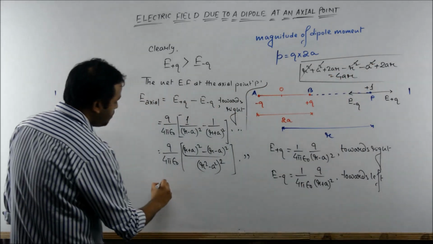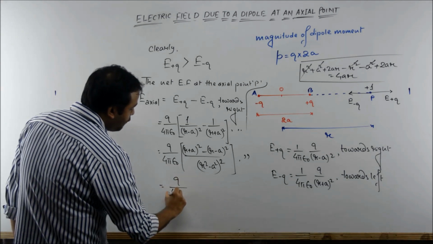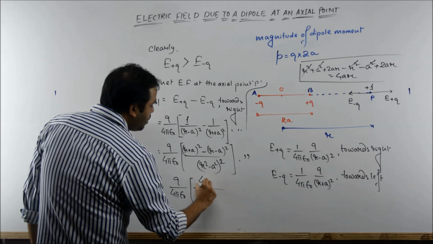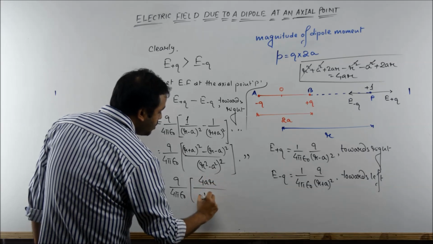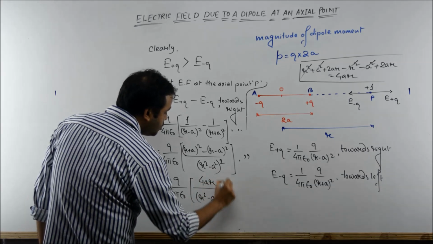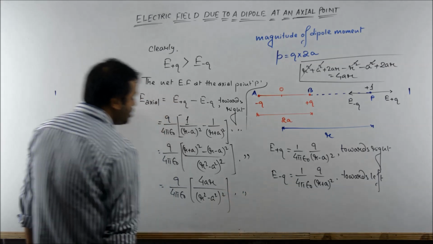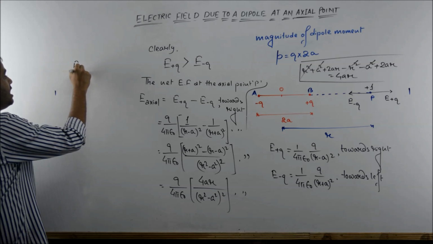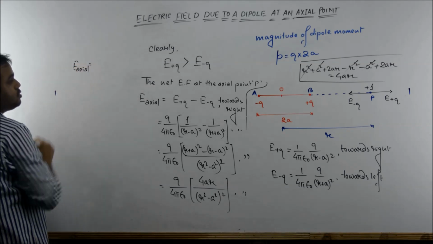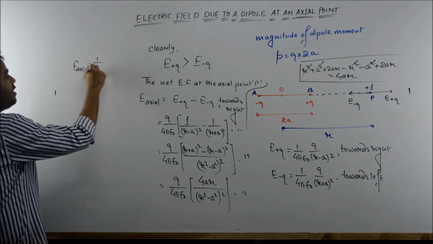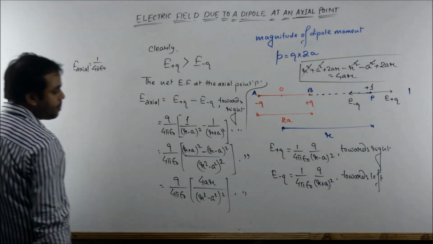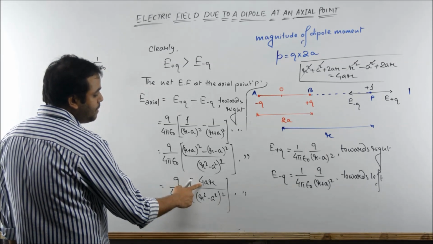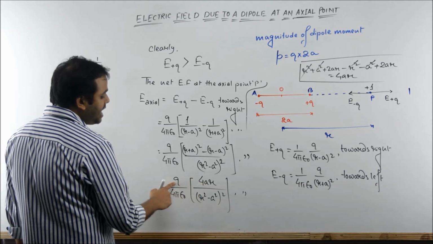So in the next step we will write q by 4 pi epsilon naught, 4ar by (r square minus a square) whole square. The net electric field is towards right. Now please concentrate, students. E axial equals 1 by 4 pi epsilon naught. So 4 is basically 2 multiplied by 2, so twice a multiplied by q.